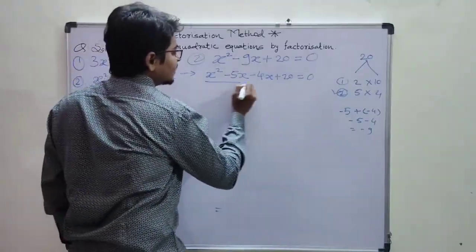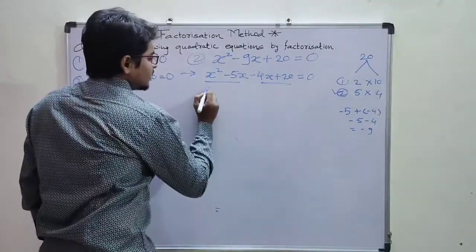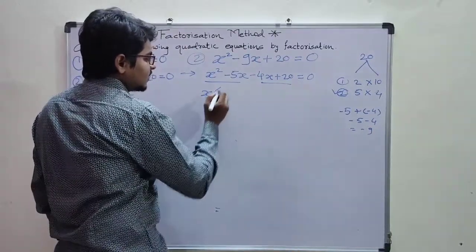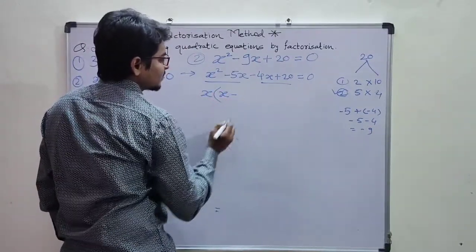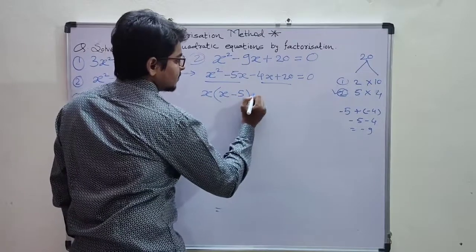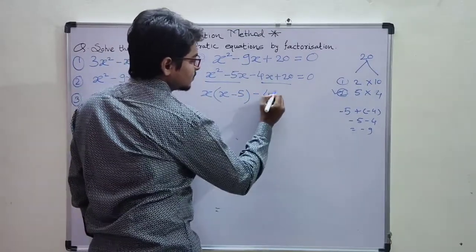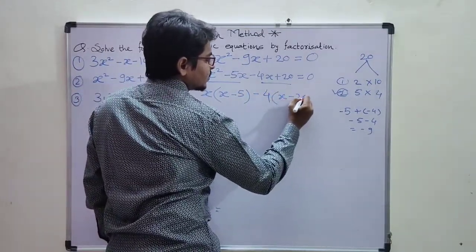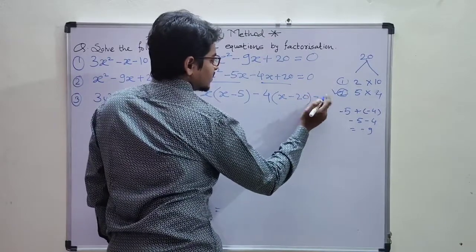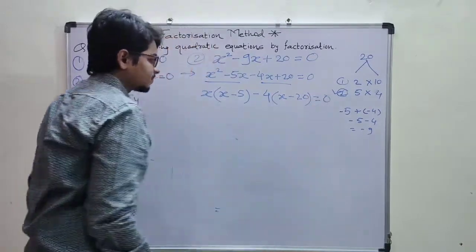Now taking the common terms out, x into bracket x minus 5 minus 4 into x minus 5, which is equal to 0.